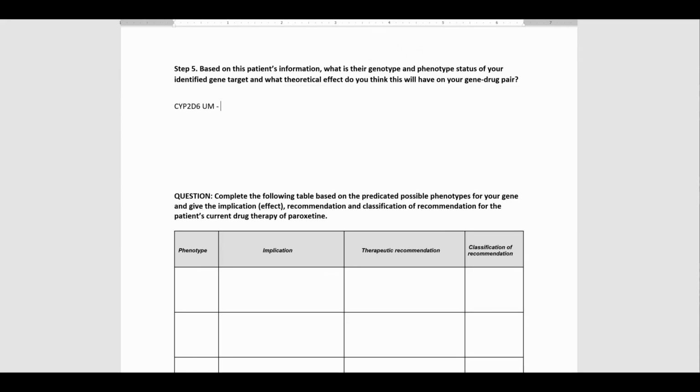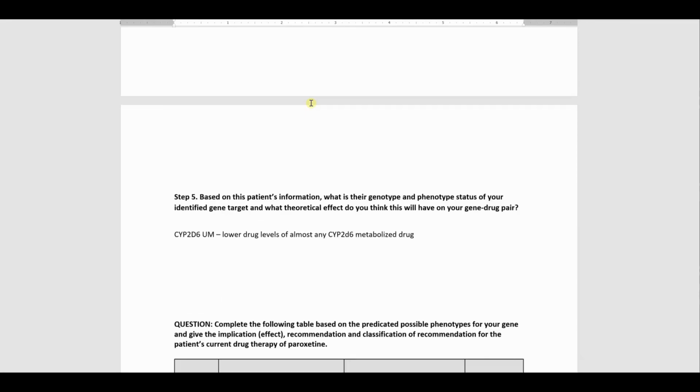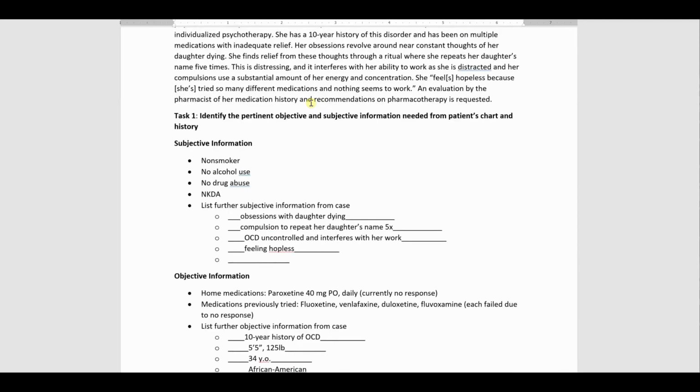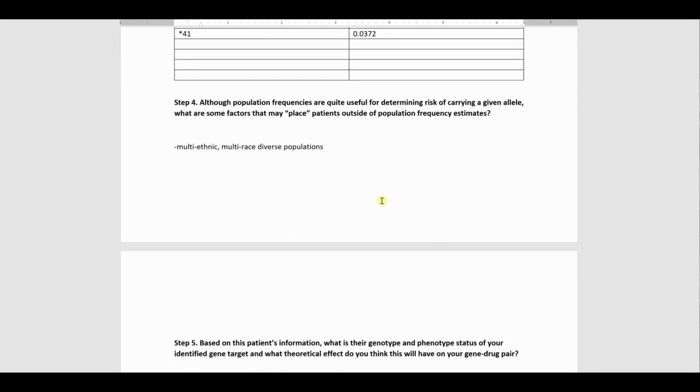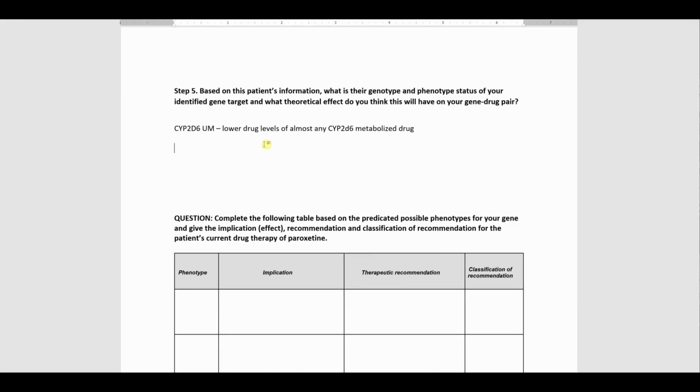So theoretically, right, we would think that this patient will have lower drug levels of almost any CYP2D6 metabolized drug. For our specific patient, if we go back and look at the actual history here, what we see is that this patient has basically been on all CYP2D6 medications. So that might be a problem, because what would the theoretical effect be here? Again, that's lower drug levels.